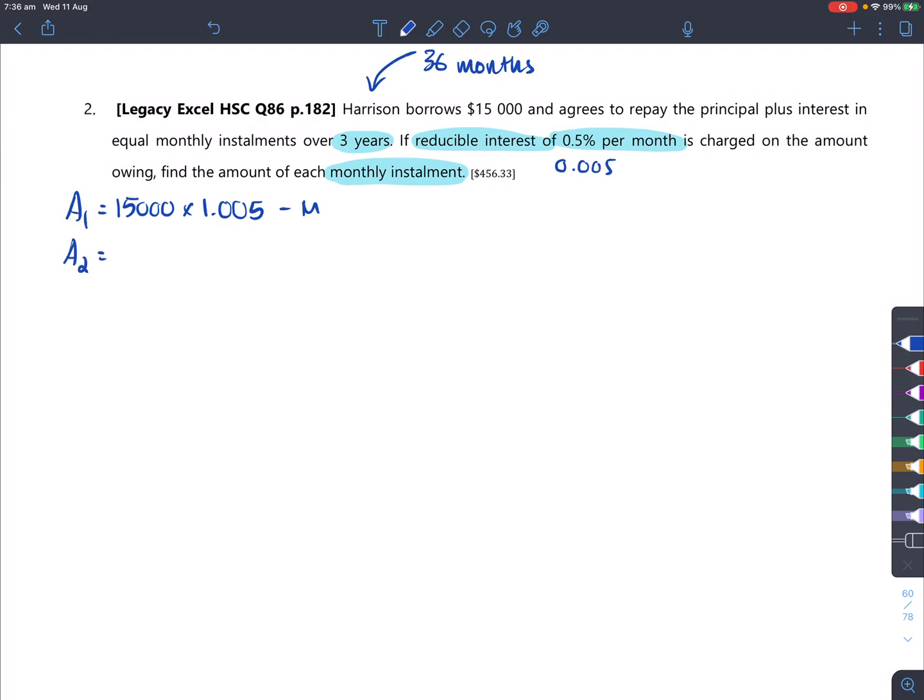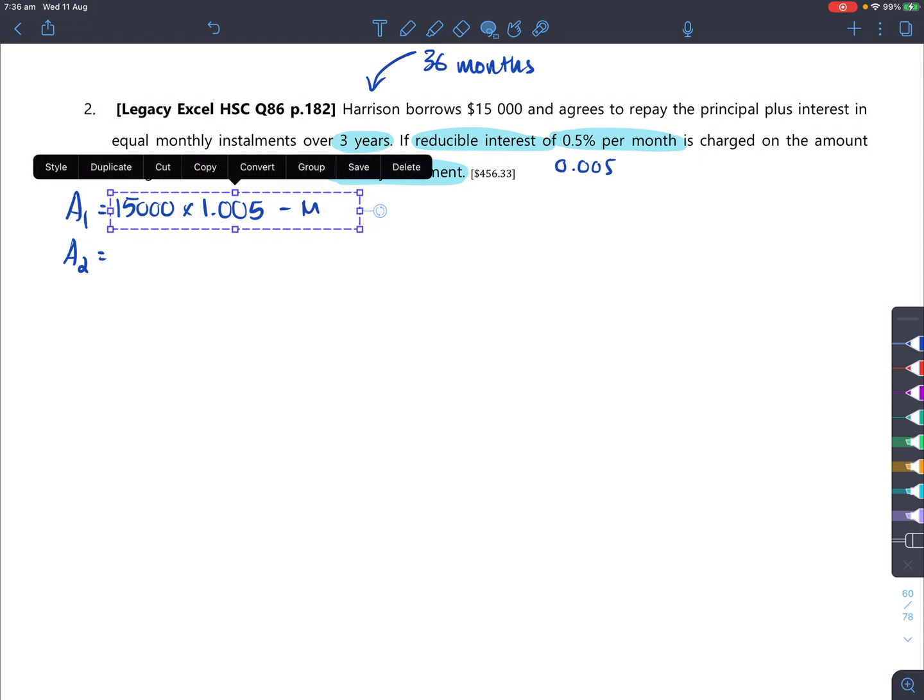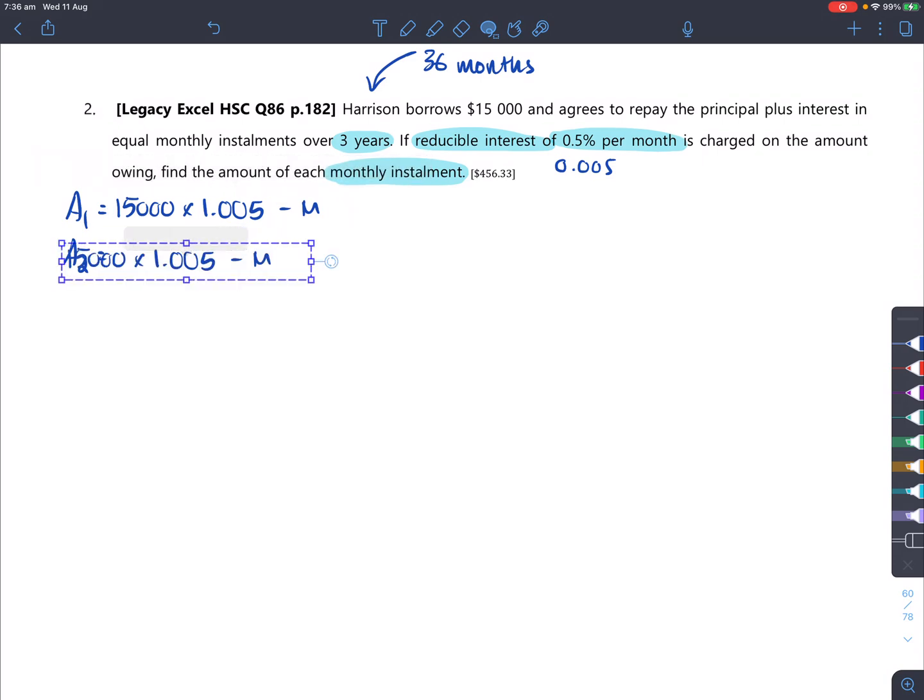So then A2, what you do is you get the first value, and then we do the same thing as before, where we increase this amount because the bank wants them to pay interest. So we increase this by 0.5%, and then we subtract a repayment that they pay off.